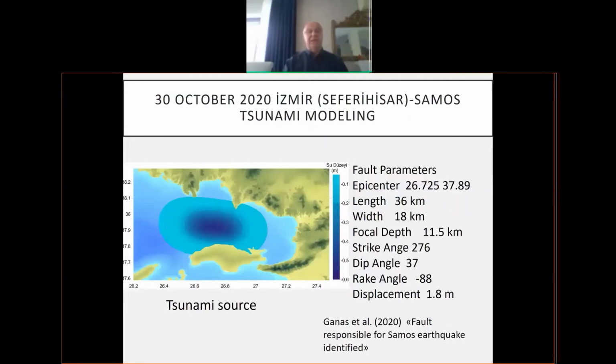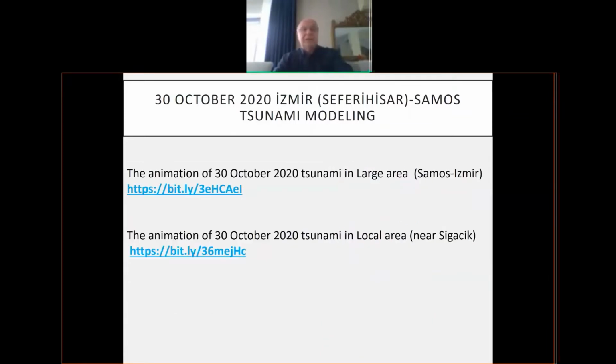Mainly the fault behavior caused the subsidence of water level in an elliptical direction with a 1.8 meter displacement at the hypocenter. This is one of the assumptions of the initial parameters of tsunami generation, and we made the tsunami survey and the tsunami numerical model.